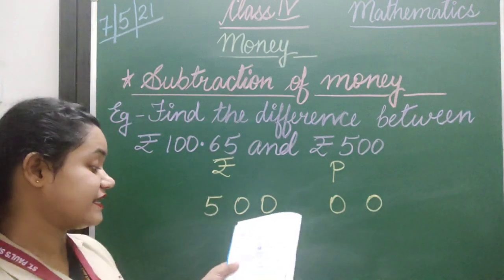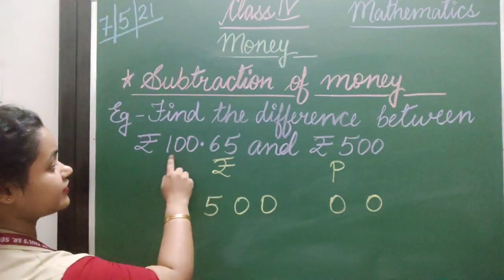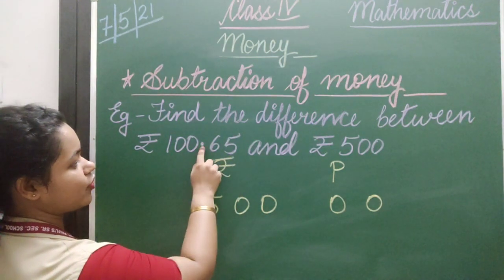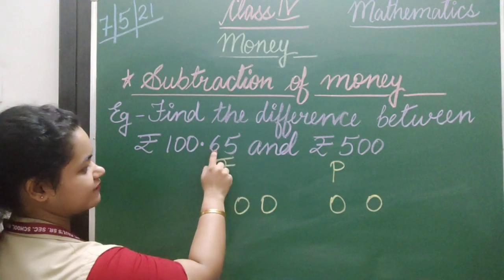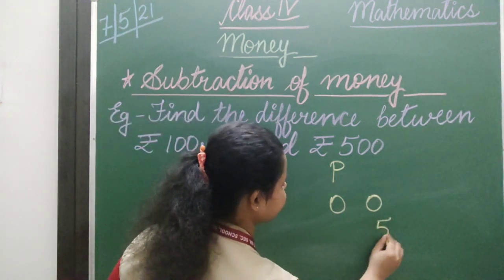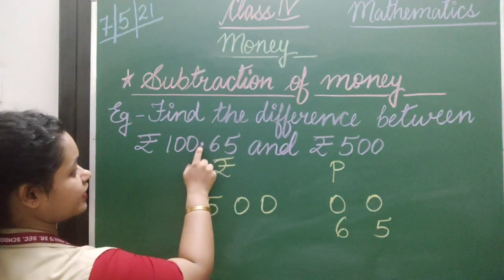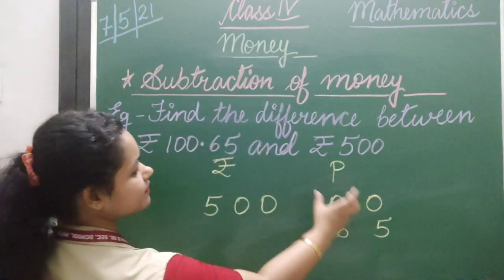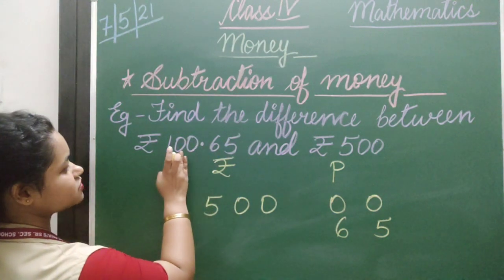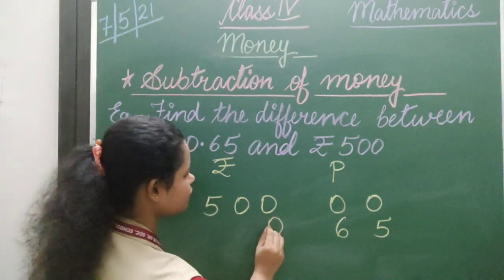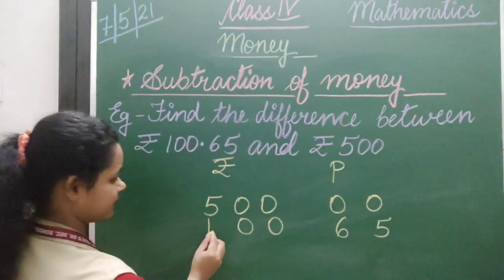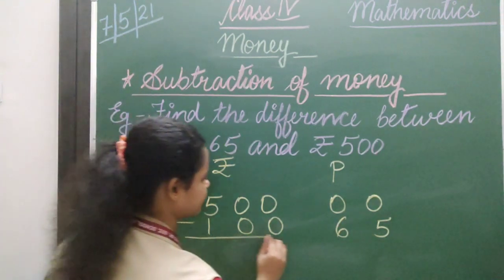Now, the next number is 100.65. So, 0.65, that means 5 and 6 will come here. 5 and 6. Okay. Then point, that means after the point the paisa part is over. Now 0, 0, 1, and the subtract sign.